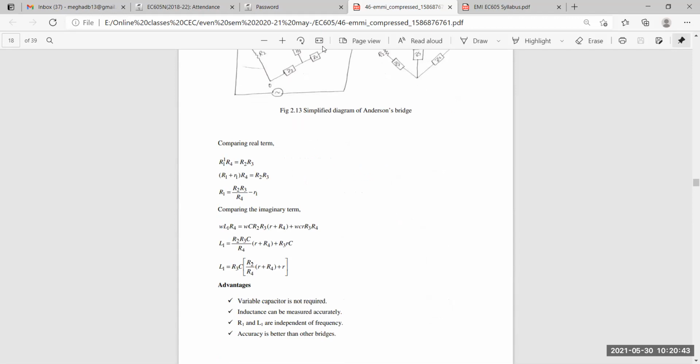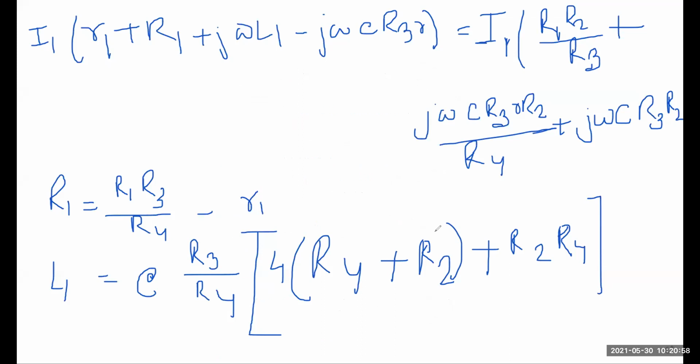And here also I've obtained a similar kind of formula, that is R1 and L1. So you can take any of these, I will also share with you. Any one which you like the most, you can take it. So this is also correct. Any one of them is correct.